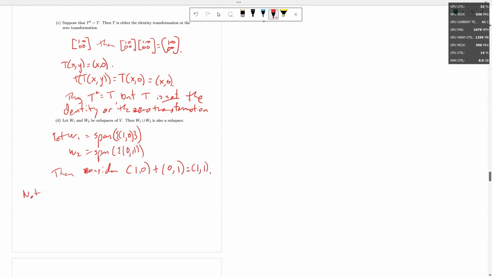Note, (1, 1) is not in the span of the set containing (1, 0).